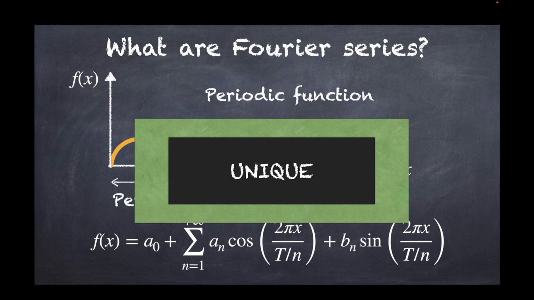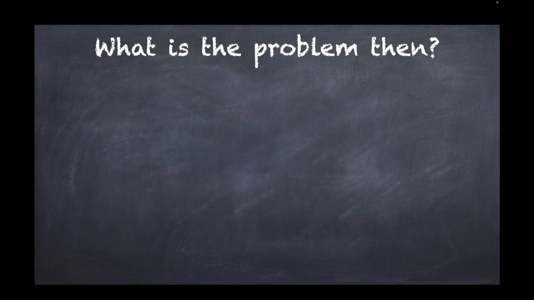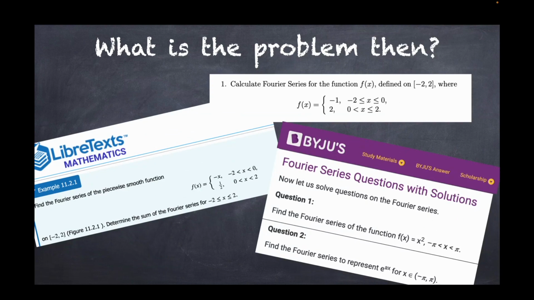Okay, which is this thing. Now, what is the problem that I want to talk about? The problem has to do with questions like this, whereby a question is provided where you're given a function on a finite interval, and what you have to do is find the Fourier series of this particular function.